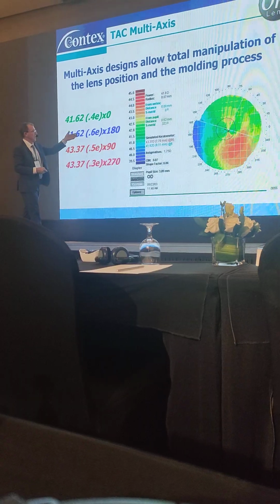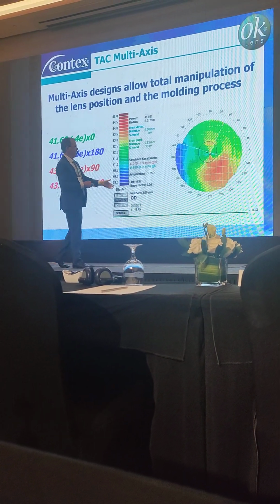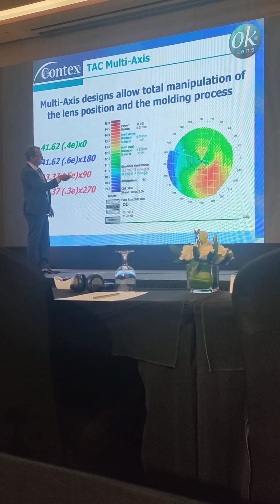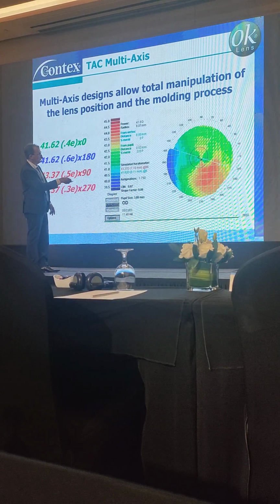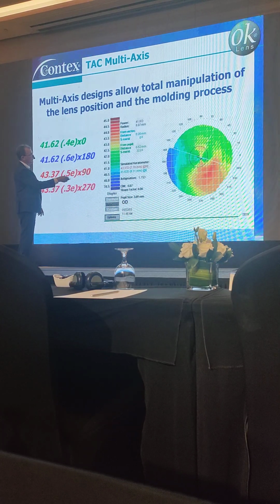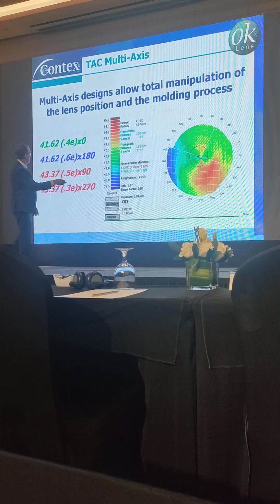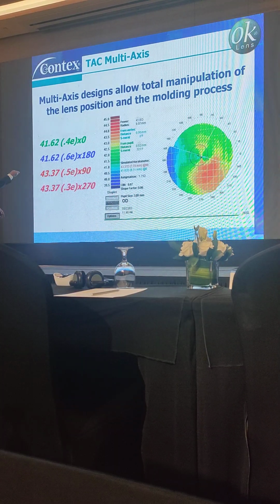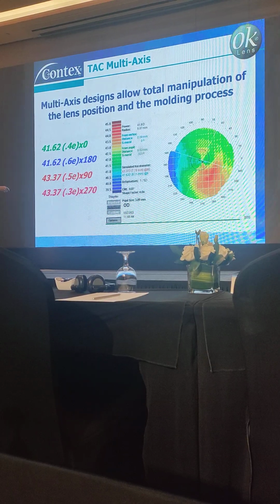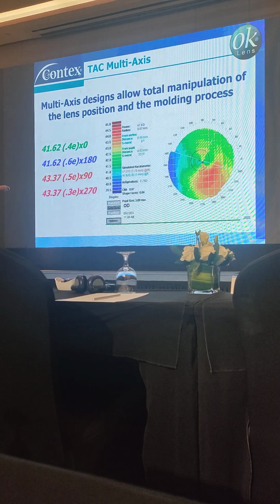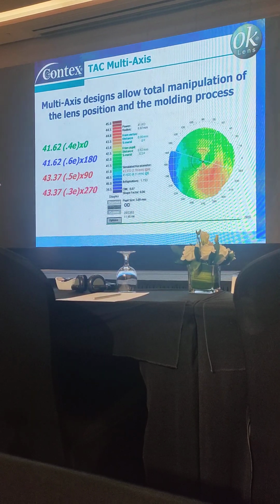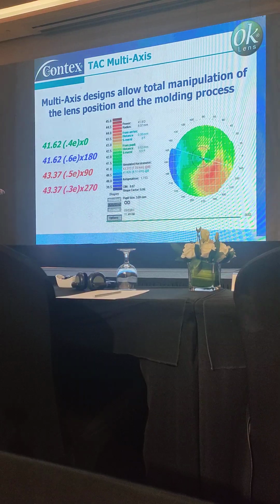This is a case that you can see, this is a pretty irregular cornea, right? If you look at the quadrants here, you've got this quadrant is very unique. Then you have this quadrant is very unique. And these two are a little more similar, right? But what we came up with for this is you can see K readings are 41.62 over 43.37. And that's what we're using here, the 41.62 and 43.37.